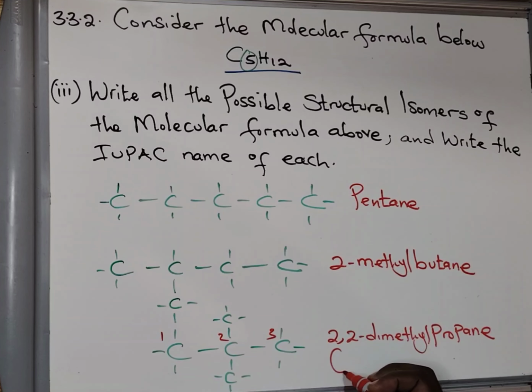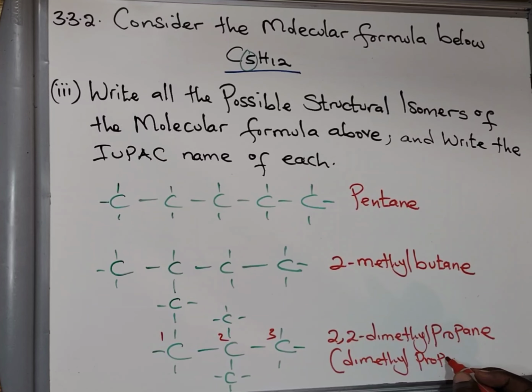Or we can simply say dimethylpropane. Why? Because there is no other possible position. The only position we'll have is this one, which is 2. So if there's no other alternative position, we can ignore naming the position.